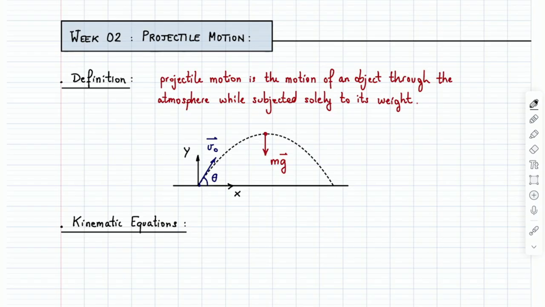And then let's recall that last week we said that just by virtue of falling through the air, an object would have an acceleration downward of g, okay? Which means that really the y component, ay, should be minus g because we just went ahead and said that up is positive, so down is negative.